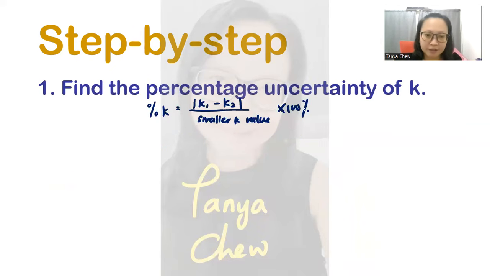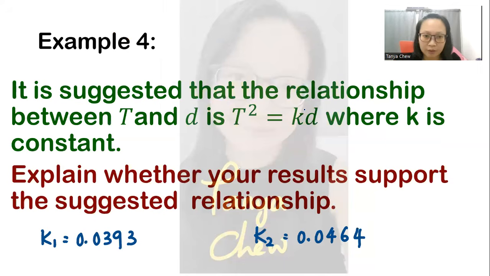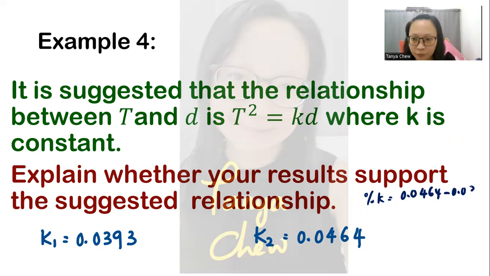In this case, my K1 is 0.0393, which is smaller. So I take the larger value of K, 0.0464, minus 0.0393, divided by the smaller K value, 0.0393, and you times 100% after that.